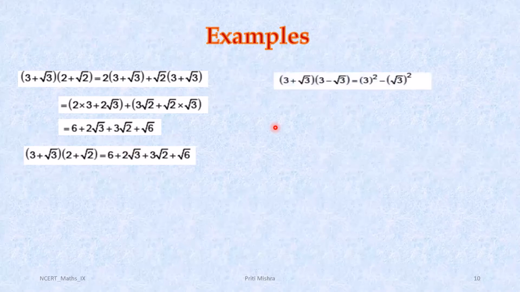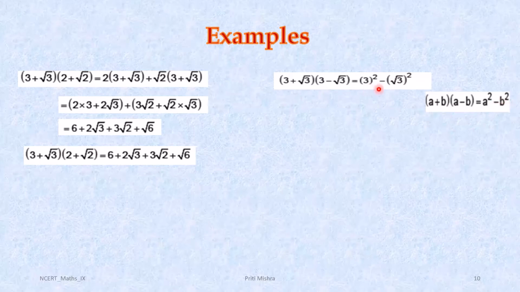Let's have another question. Here we have to multiply 3 plus root 3 and 3 minus root 3. As we are having same numbers with opposite sign in two brackets, with the help of the identity a square minus b square is equal to a plus b into a minus b. So here we are having a plus b and this is a minus b. We can write it like a square minus b square.